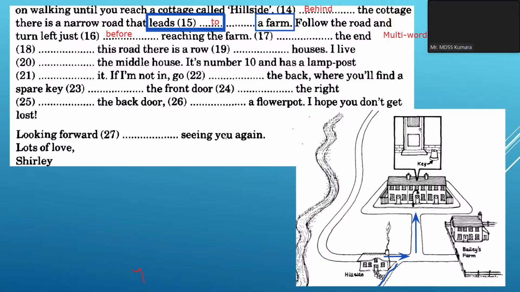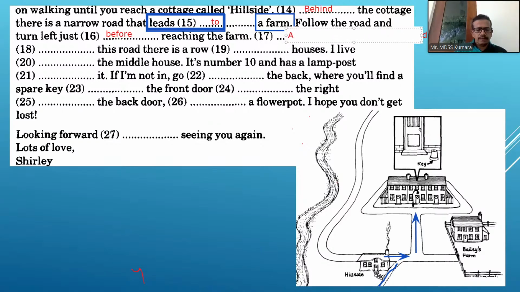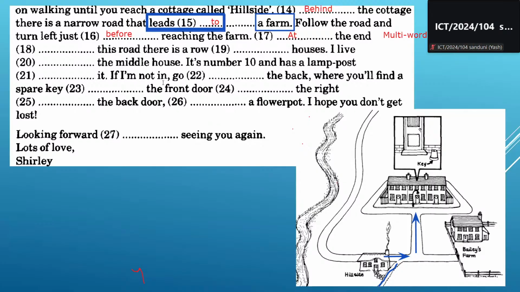It's a fixed point, so at is used in at the end. At the end, blank this road. Of. Yes, at the end of this road.